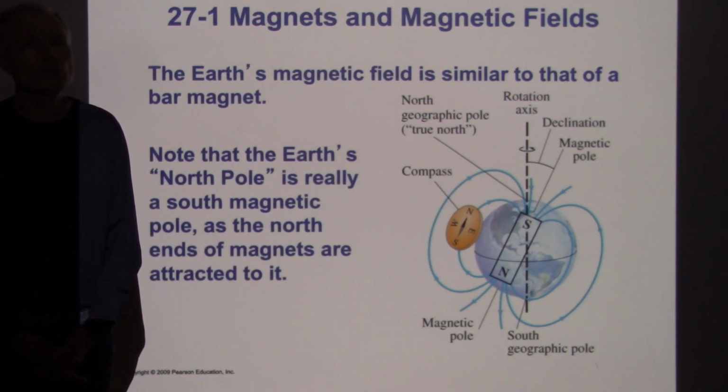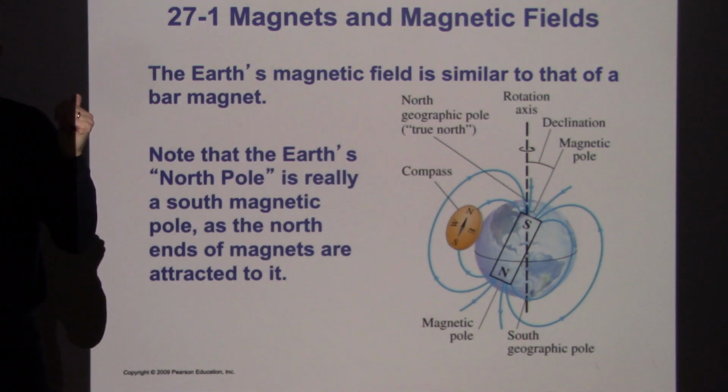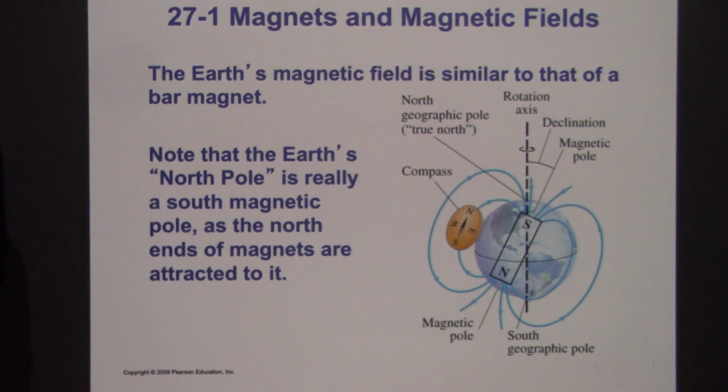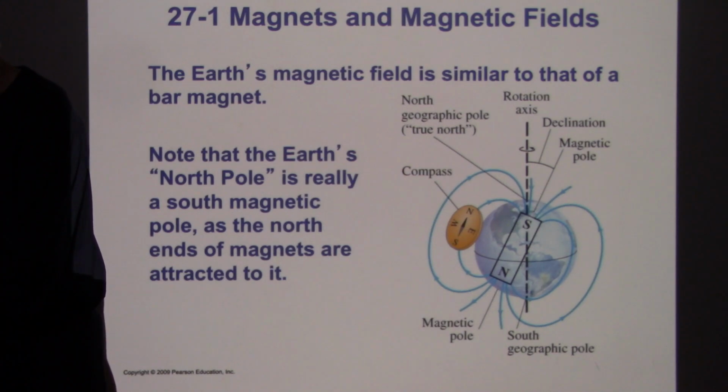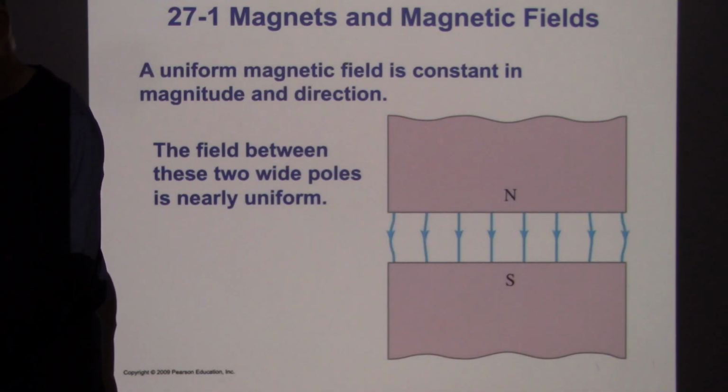Stars produce enormous magnetic fields. Just last week, we had some huge solar flares, and these eruptions are generated through magnetic effects. So magnetic effects are pretty important. All right, let's move on.